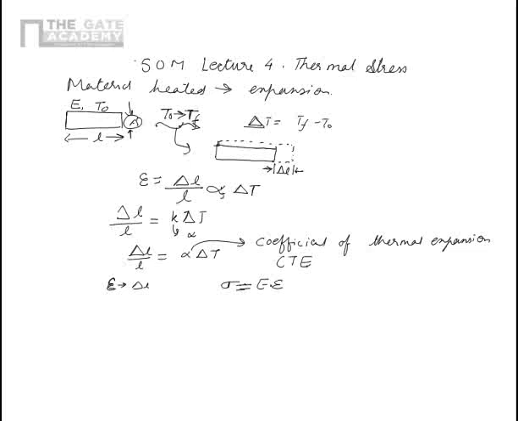So if there is no stress, if sigma is equal to 0, then how come the strain is there? This answer is obtained from material science. There is no stress, but what happens is when a material is heated, its internal crystalline structure or internal molecular structure changes.